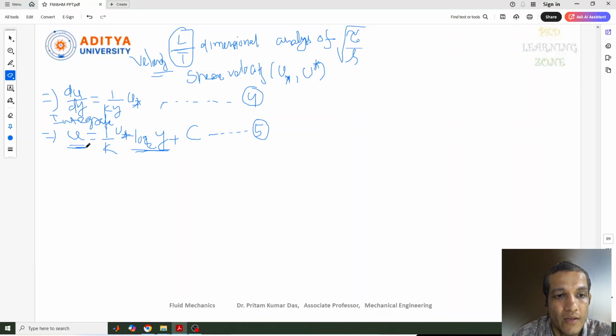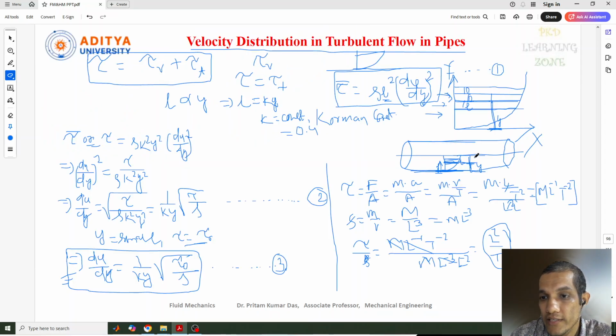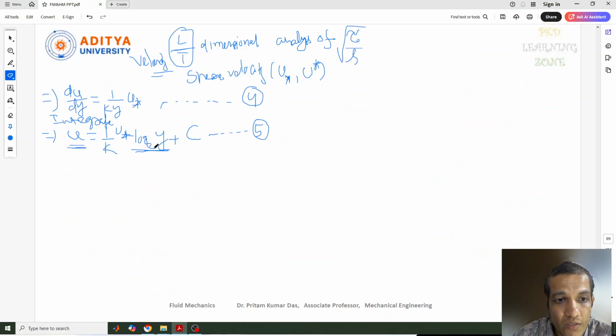This velocity varies directly with respect to the logarithm of distance. u is nothing but the velocity which is flowing inside the pipe, and that is directly proportional to the logarithm of y, where y is nothing but the height.